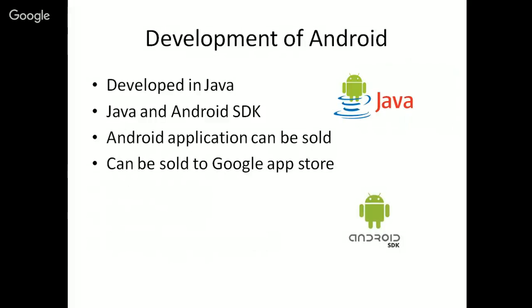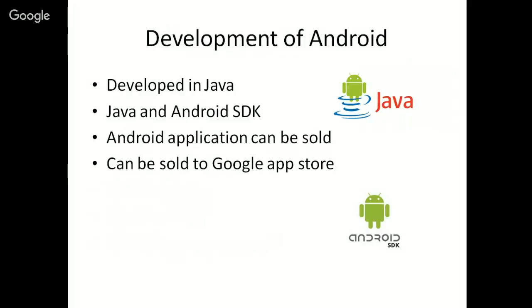The development of Android is basically done with the help of Java, the powerful programming language. Java is the background of Android. It is said that if you know Java development, then you will be able to do Android in one step easily.